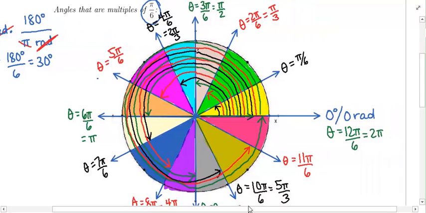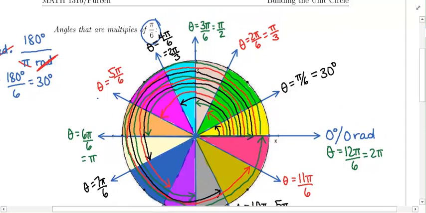So every time you see a sector on this circle, the angle individually measures pi over 6 radians or equivalently 30 degrees. You can convert each one of these to degrees by doing the conversion factor, or you can just rotate through and every time you pick up a sector, you add 30 degrees.